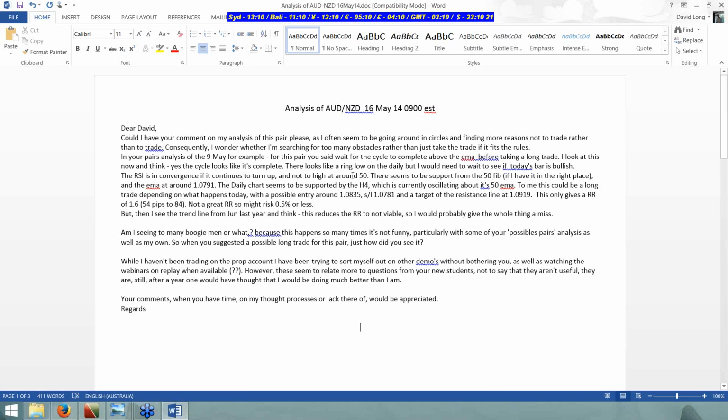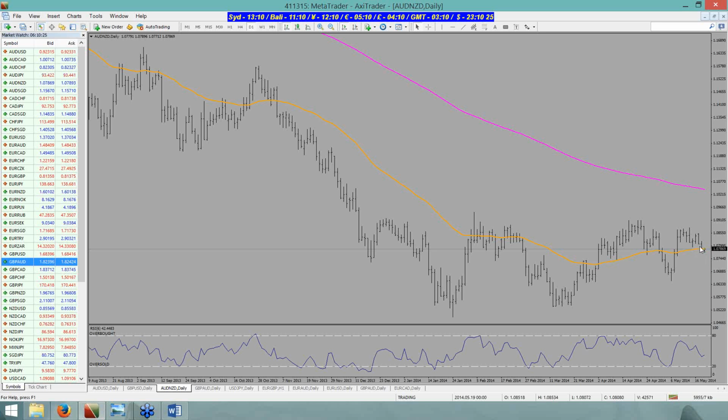It looks to be a ring low on the daily. You sent this on Friday. Monday, yeah, potentially. There's a ring low there. And you could have looked at that. You need a bit of a support line. It's a bit weak where that is.